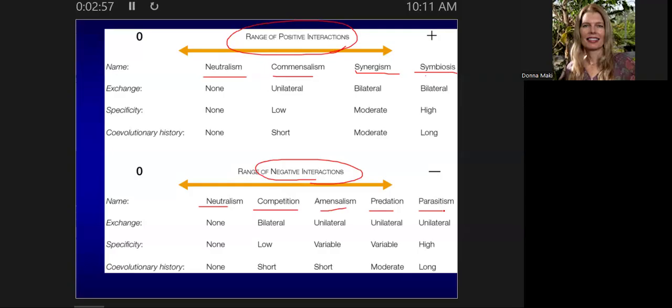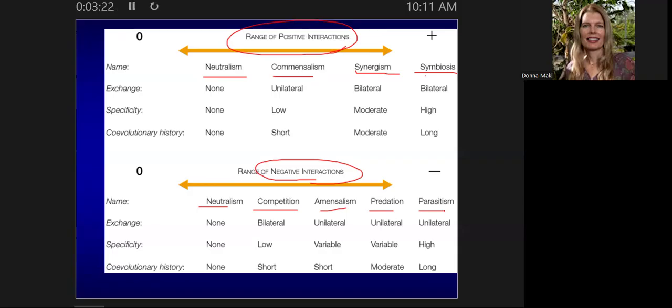And that can be, yeah, maybe, or maybe they're both benefiting. So there's a little bit of gray on some of this. I just want to caution you that it's not a really hard black and white designation. There are some exceptions and some things to think about, so take some of this with a grain of salt. And I don't know why they put neutralism up there. That's kind of a moot point.